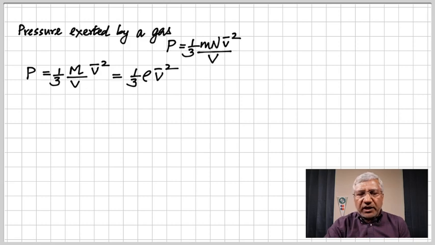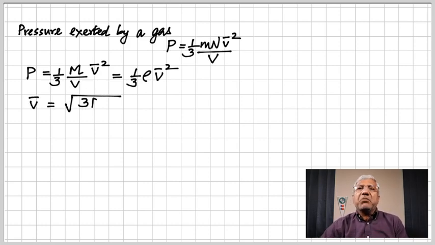You can rearrange that and you will get square root 3p by rho. Remember, one is pressure, the other is density. So if you know the pressure and the density of a gas, we can find out the average velocity. It's called the root mean square velocity.